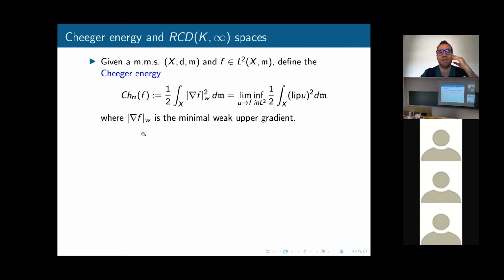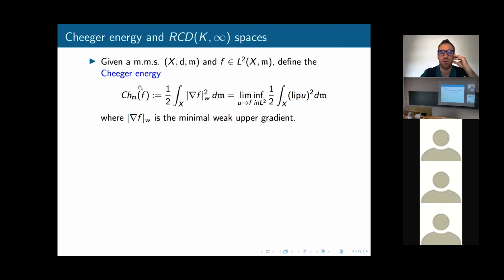But at least one has a classically well-defined notion of the modulus of the gradient, which is called the minimal weak upper gradient. And in the Cheeger energy, only the modulus of the gradient appears. So the Cheeger energy, the Dirichlet energy, is the L2 norm squared of the modulus of the gradient of a function.